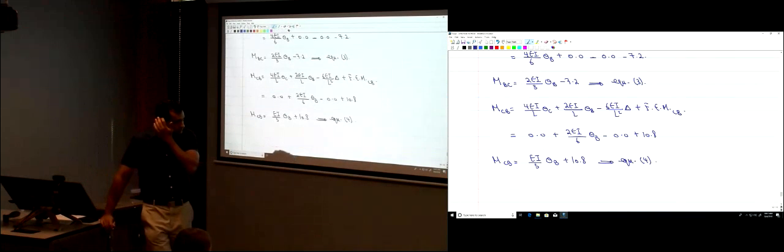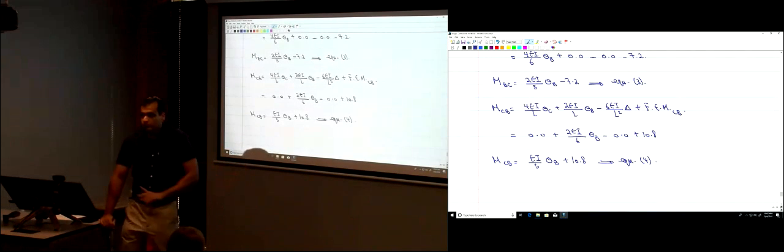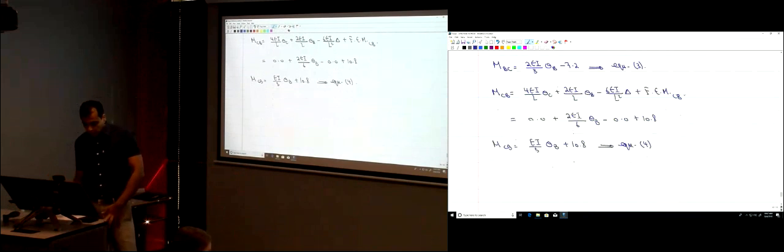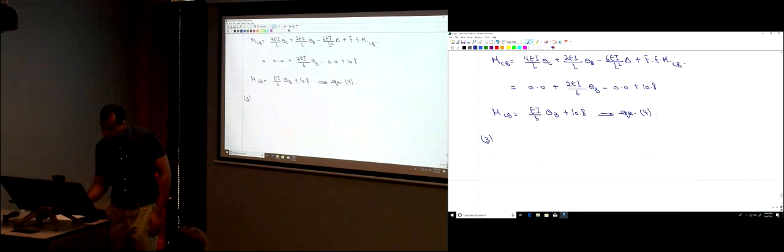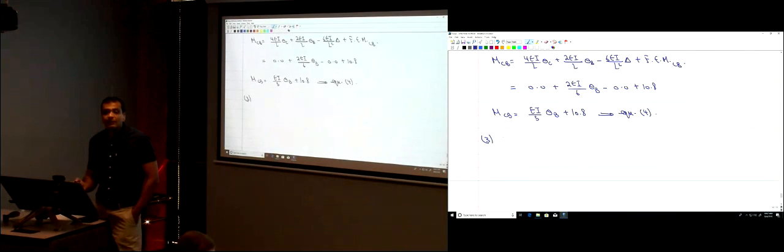What's step 3? So right now we need to find theta B through the equations of equilibrium.